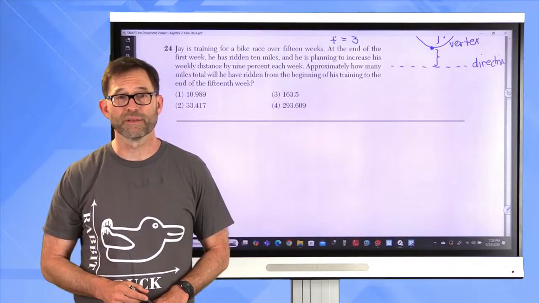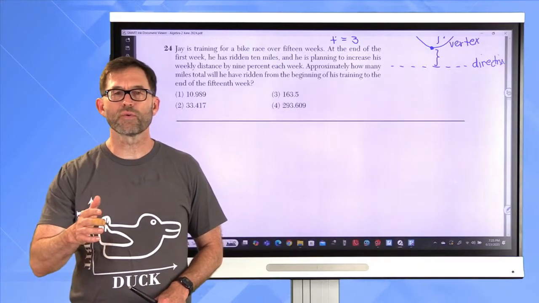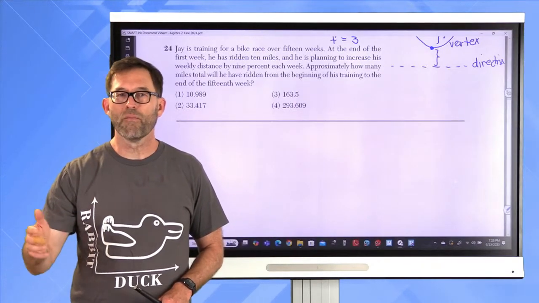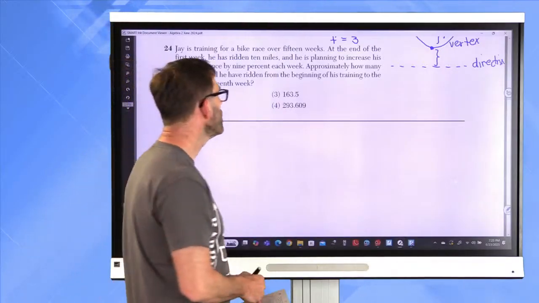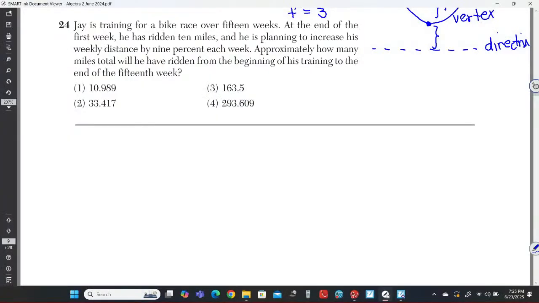So let's see. In the first week, he's ridden 10 miles, and he's planning to increase his weekly distance by 9% each week. So the second week, he'll be going 10 times 1.09.